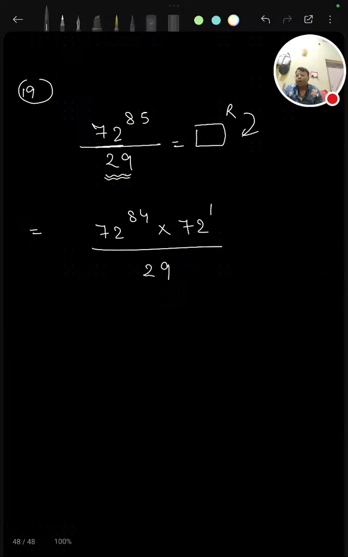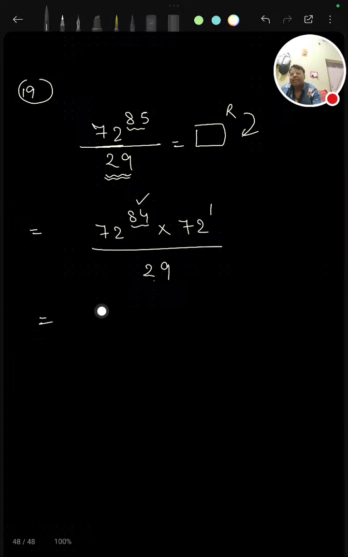Now how can you calculate? 85 को मैंने 84 अलग इसलिए किया क्योंकि 29 का जो एक कम होता है वो होता है 28. When you subtract 1 from 29 you get 28, and 84 is a multiple of 28. That's why I break it. Clear? So that I can apply Fermat's theorem.